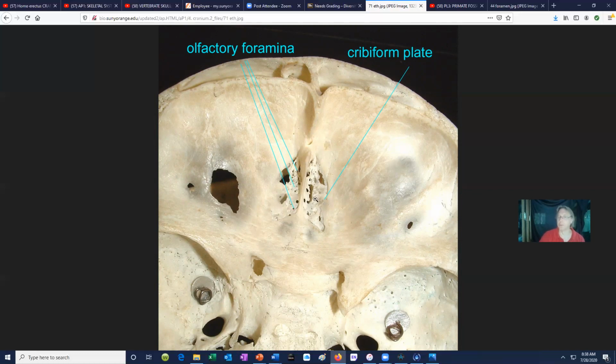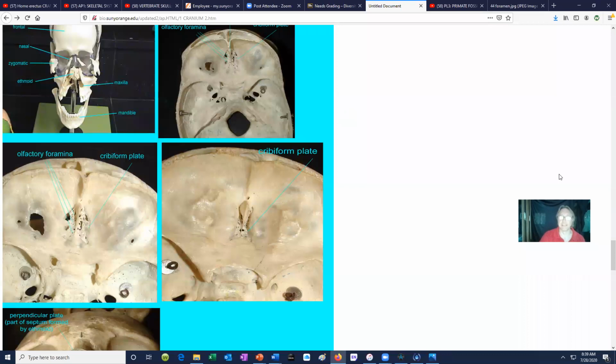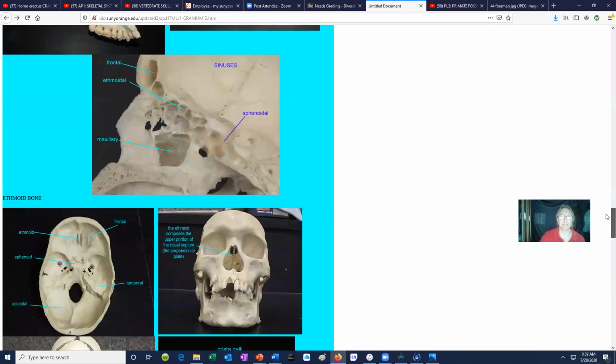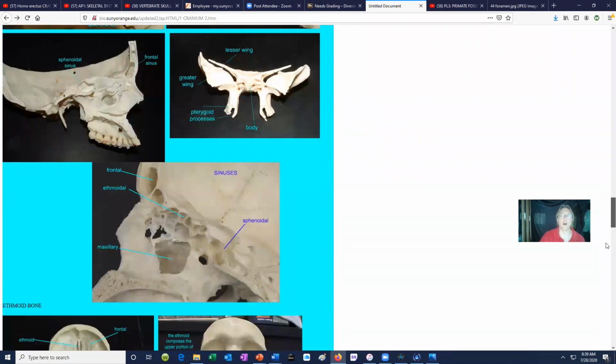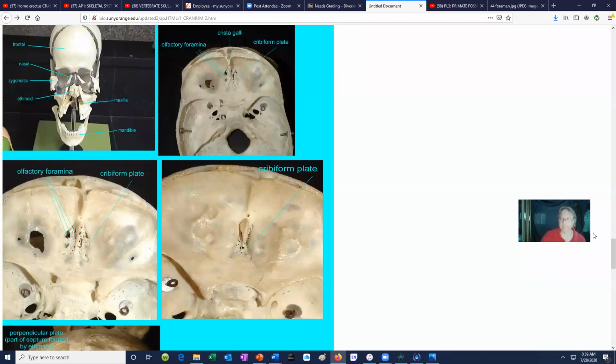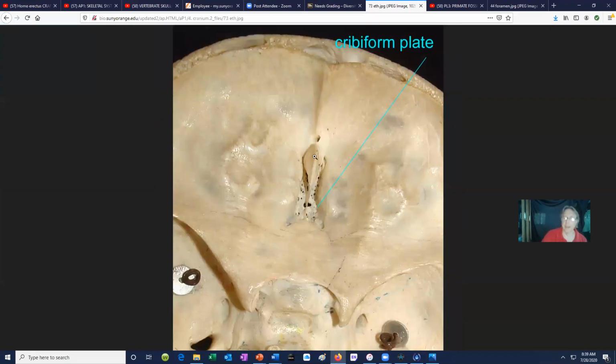Notice all of the little holes for those olfactory nerves reaching the olfactory epithelium in the nasal cavity. This region of the ethmoid bone is called the cribriform plate, and there's this vertical ridge known as the crista galli, which reminded early anatomists of a rooster's comb, and so that's what its name literally means. So once again, if you look at the internal base of the skull, this is a site where you can see the ethmoid bone.